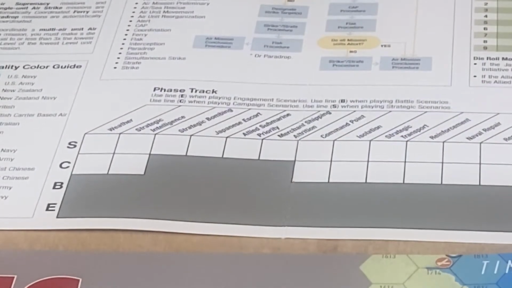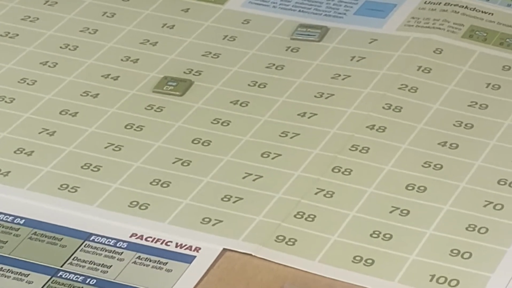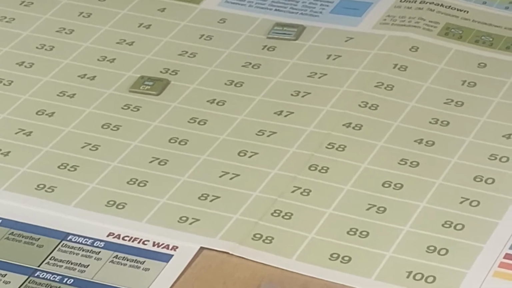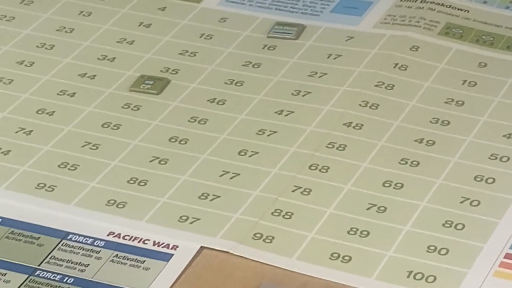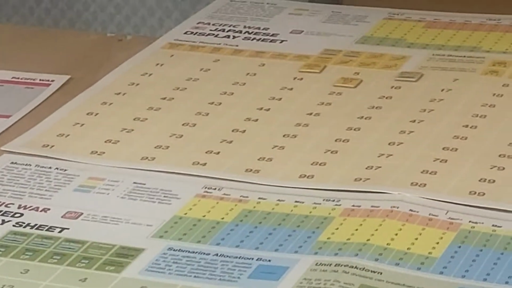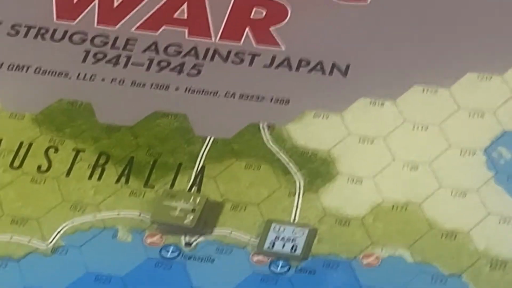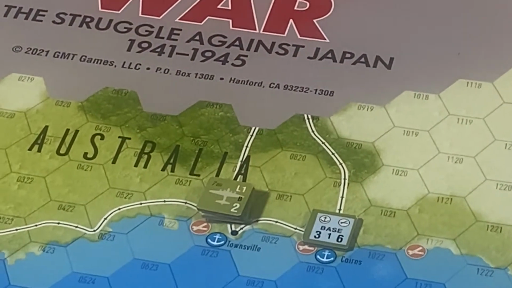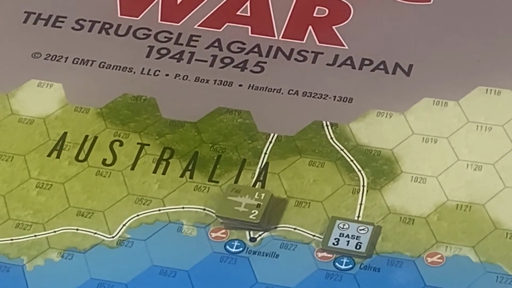And now we did a little bit of force pools for both sides. They have a few points each in their future command point pools. And then the US gets 45 and the Japanese get 15, again at the beginning of August. I'm not going to save any command points.